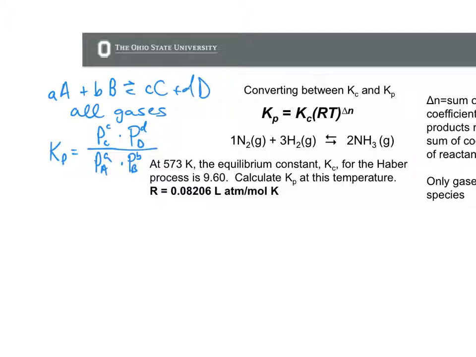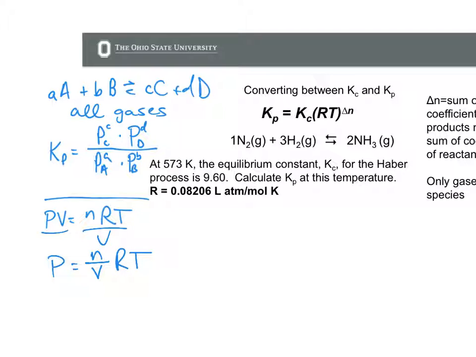It's important to point out that the partial pressure of a gas is proportional to the concentration based on PV equals nRT. So if we divide both sides by V, we'll have our pressure for a particular gas equal to n over V times R times T. And n over V is moles over volume, we can say liters.